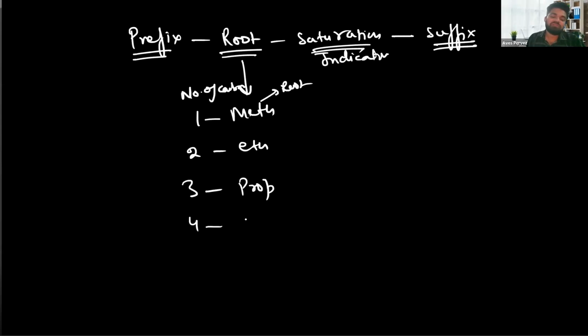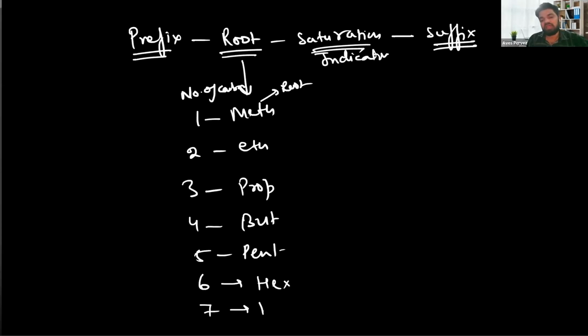For 4, you will use but. For 5, you will use pent. For 6, you use hex. For 7, you use hept. For 8, you use oct. For 9, you use non. For 10, you use dec.